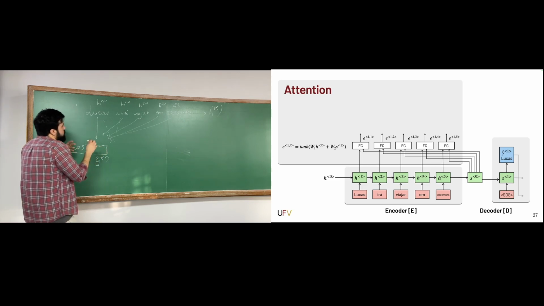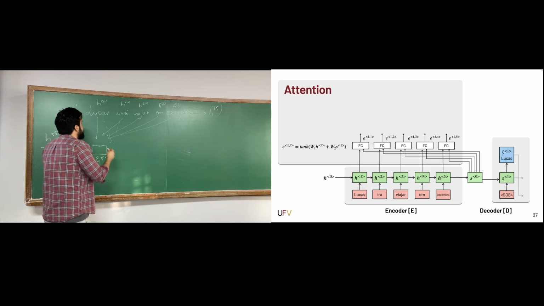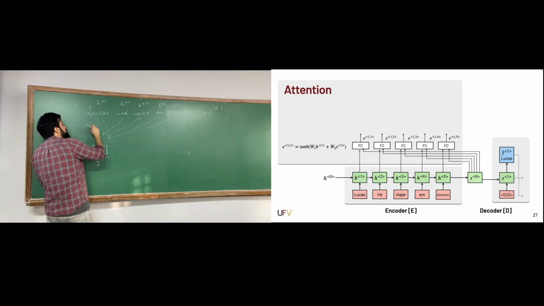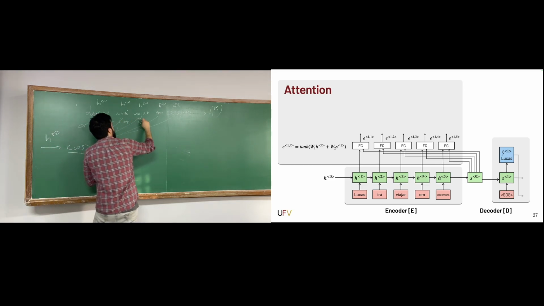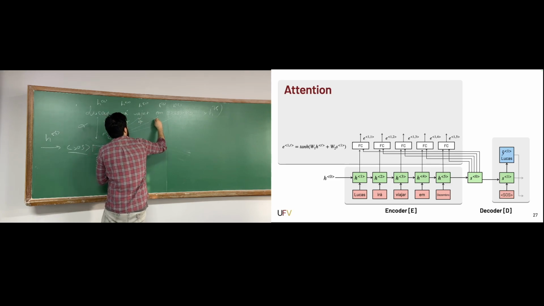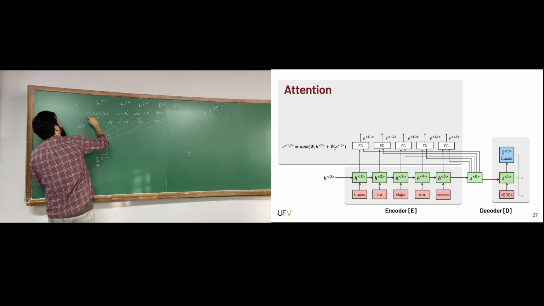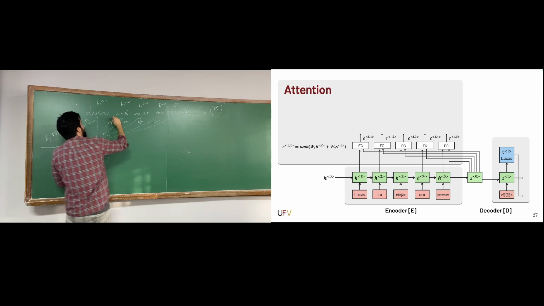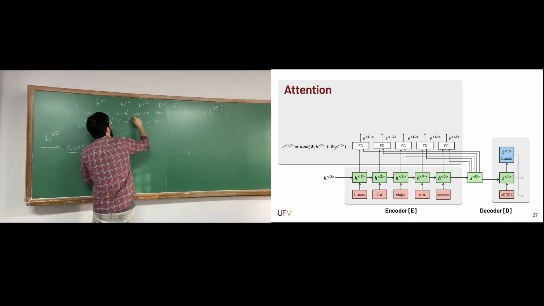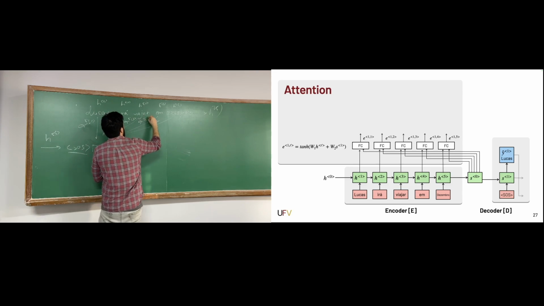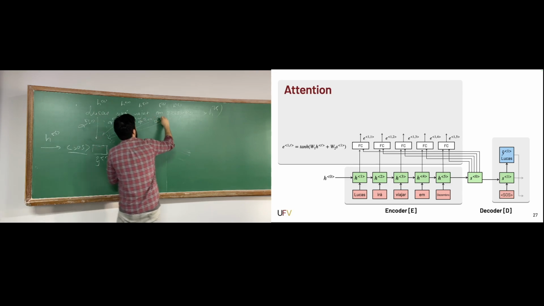So what we want to achieve at the end is to somehow have an alpha weight here for each of these words. Let's call them alpha 1,1, alpha 1,2, alpha 1,3, alpha 1,4, and alpha 1,5.